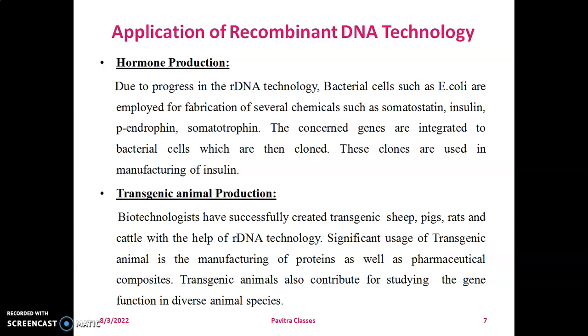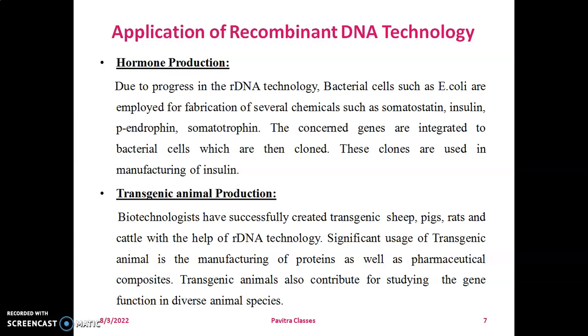Hormone production. Due to progress in the recombinant DNA technology, bacterial cells such as Escherichia coli are employed for the fabrication of several chemicals such as somatostatin, somatotropin, insulins and beta-endorphins. These hormones are prepared with the recombinant DNA technology.